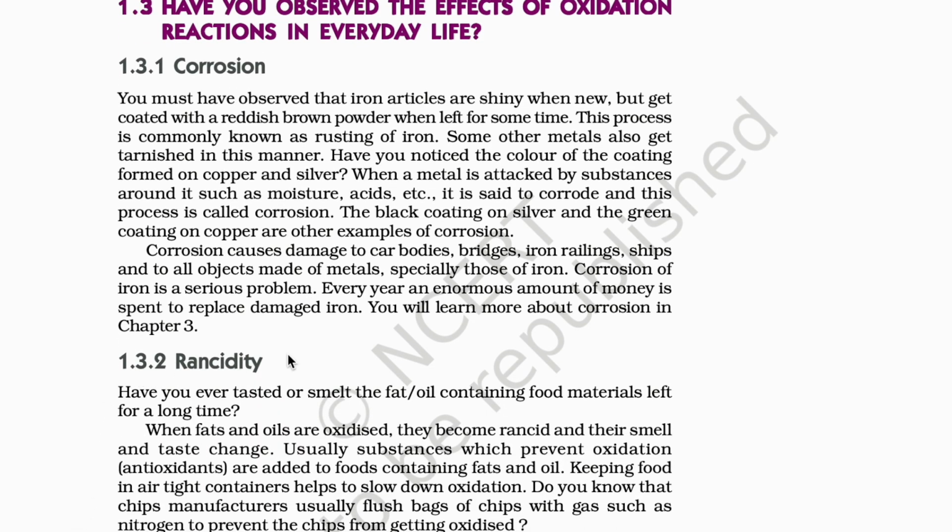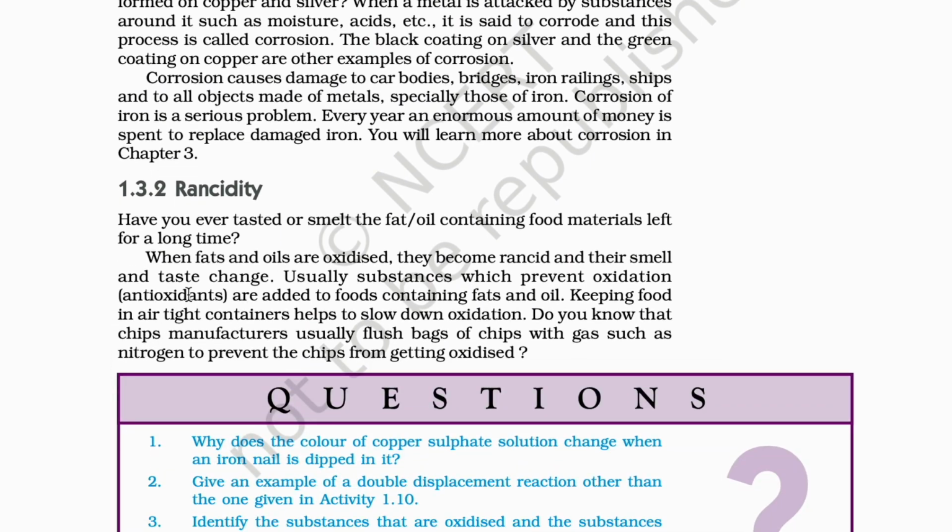1.3.2 Rancidity. Have you ever tasted or smelt fat or oil containing food materials left for a long time? When fats and oils are oxidized, they become rancid and their smell and taste change.